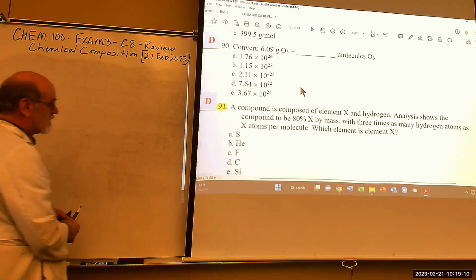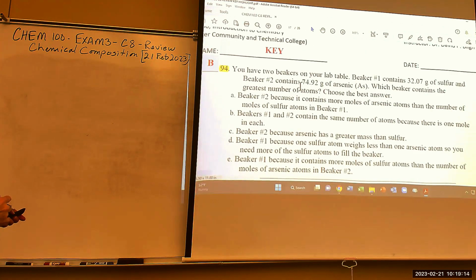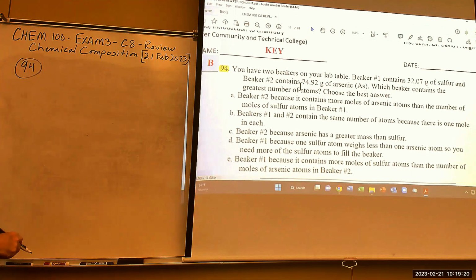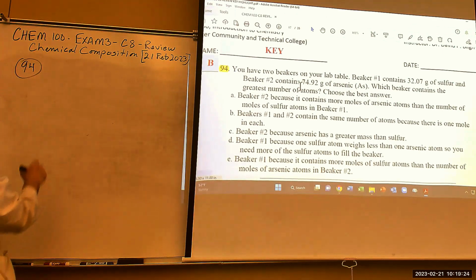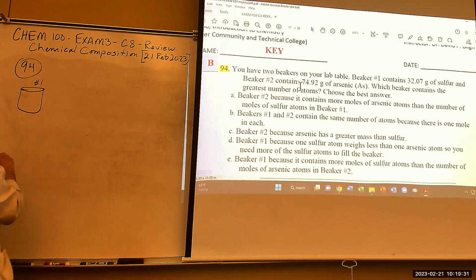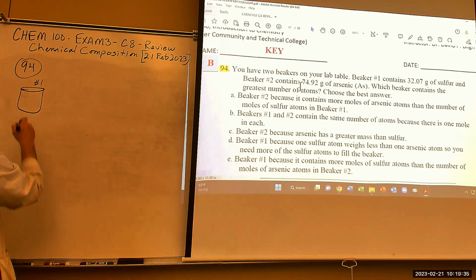That was 91. Let's see, 94. I think we've got everything on there. You have 2 beakers on your table. Beaker 1 has 32.07 grams of sulfur.